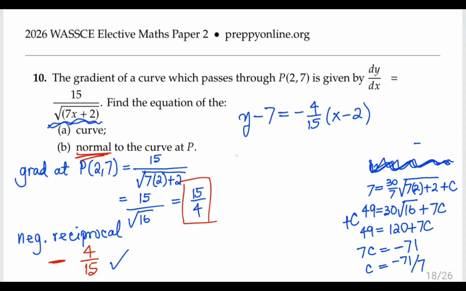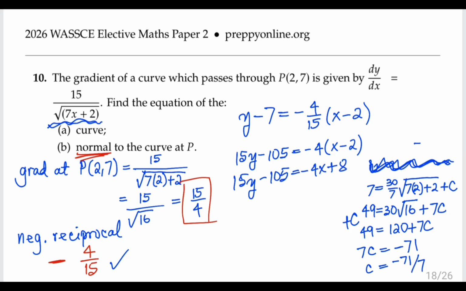Multiply both sides by 15. We have 15 times y minus 7, which is 105, equal to minus 4 into x minus 2. 15y minus 105 is equal to minus 4x plus 8.